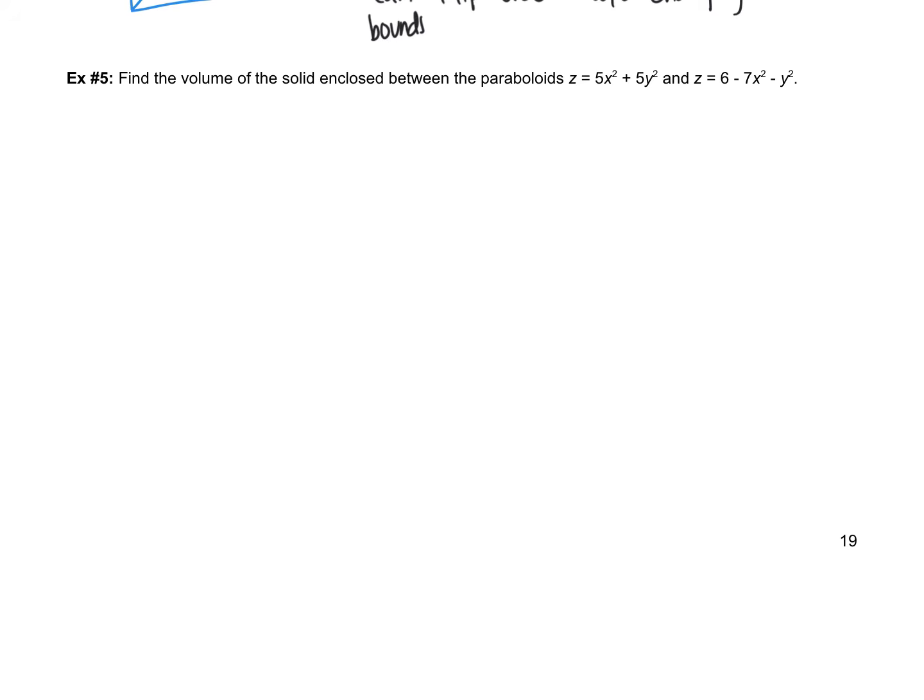I'm going to start by setting up this volume. My limits of integration are going to be big, so I'm going to give myself some room. First, we're going to integrate with respect to z first. This one starts at the origin and opens up, and this one opens down. So we're integrating from 5x squared plus 5y squared to 6 subtract 7x squared subtract y squared.